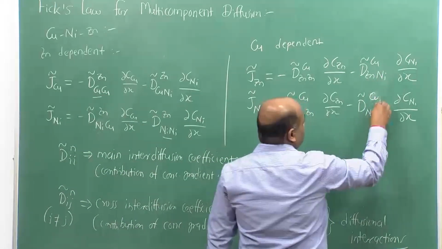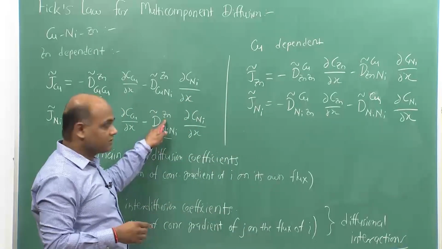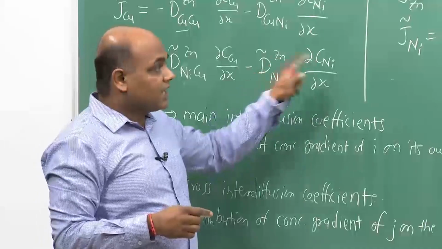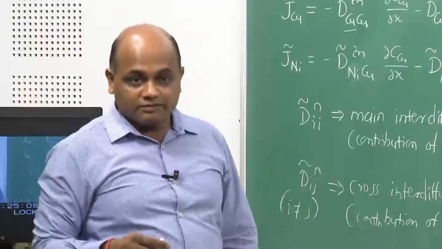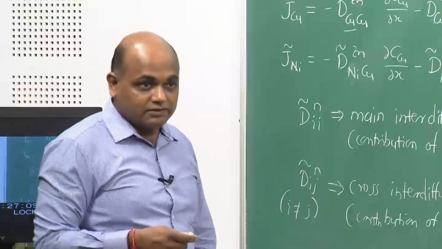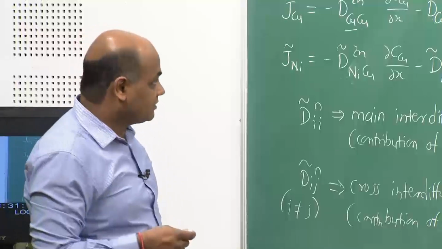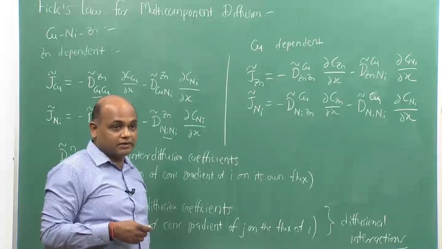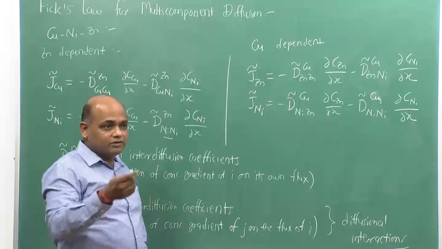D nickel nickel with copper as dependent is not the same as D nickel nickel with zinc as dependent, but they are interconvertible, that you can show. You can also have the equations with which we can convert from the set with one dependent component to the set with another dependent component for an n component system, that you do as an exercise.